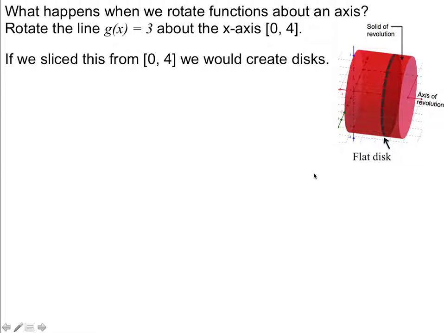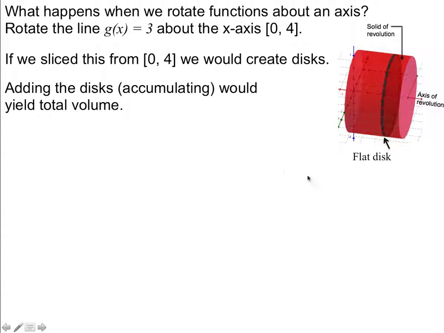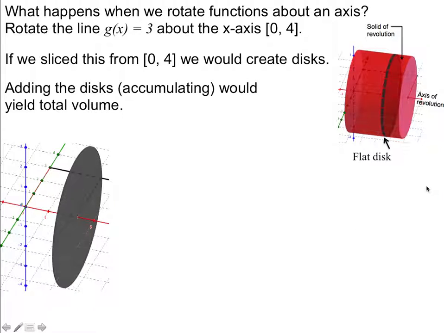So if we do that, then we can accumulate those discs that are all the same size. And if we go from 0 to 4, then we have enough discs to make the entire shape. So if we take a look at just this single disc here and talk about its volume, then here's that single disc.